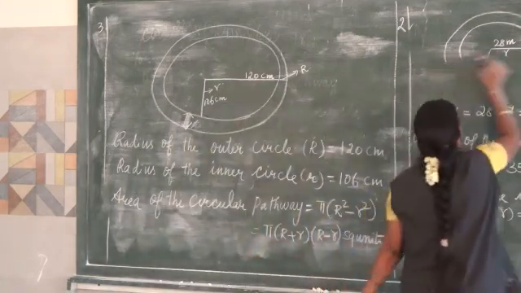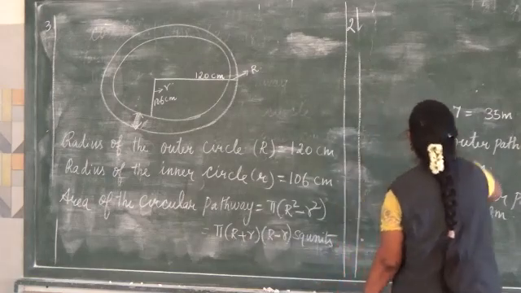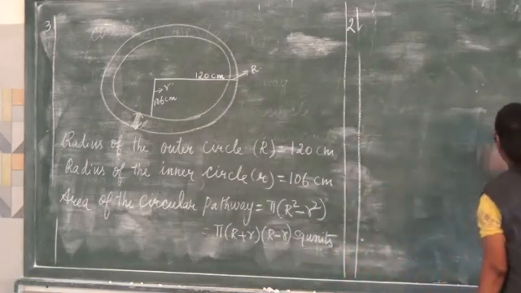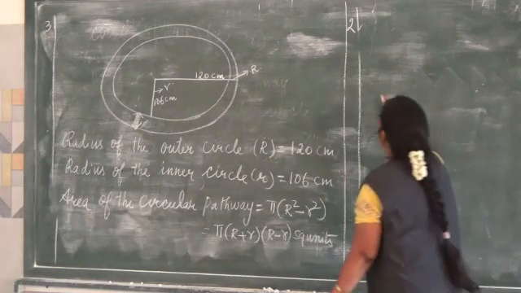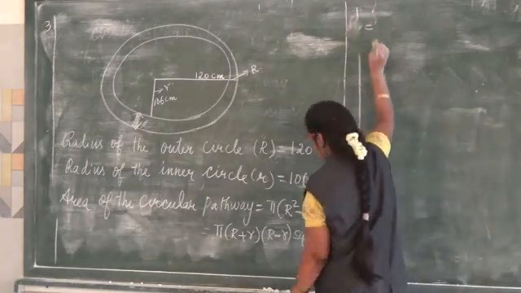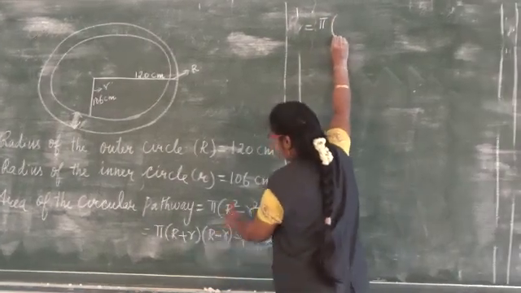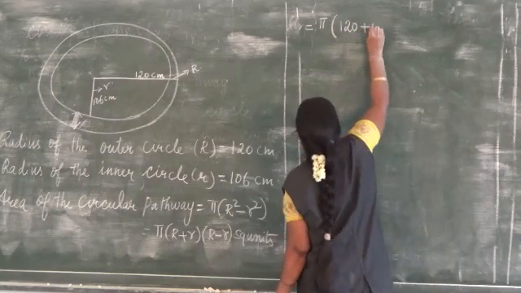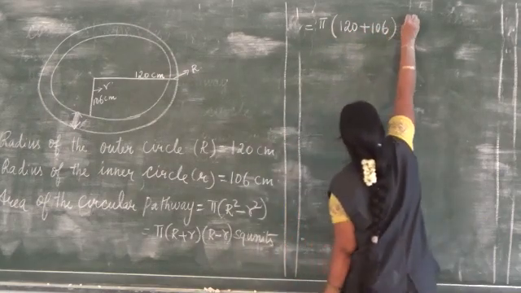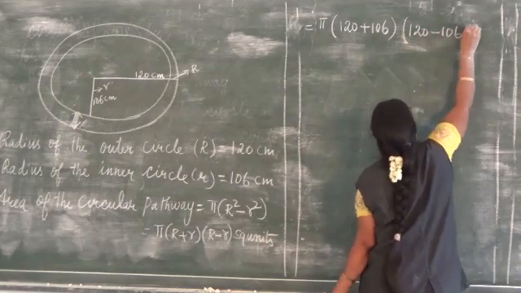So this is equal to pi into the value of capital R is 120 plus 106, then into 120 minus 106.